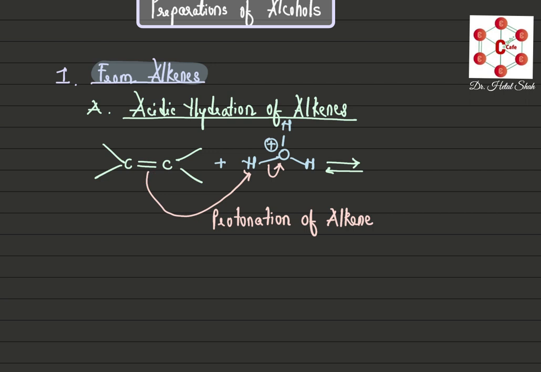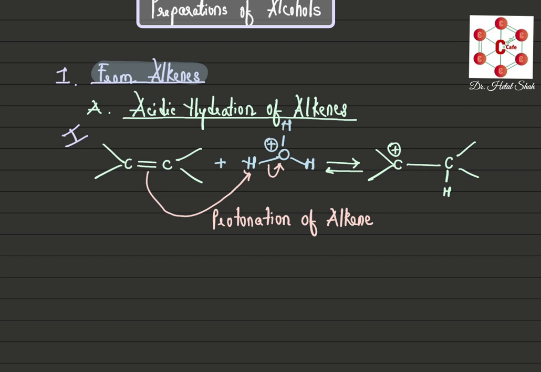You know that I can put hydrogen with any carbon and have a positive charge on the other carbon. So I'm putting hydrogen here. There's a positive. This is step number 1 of the mechanism, which we call protonation of alkene.